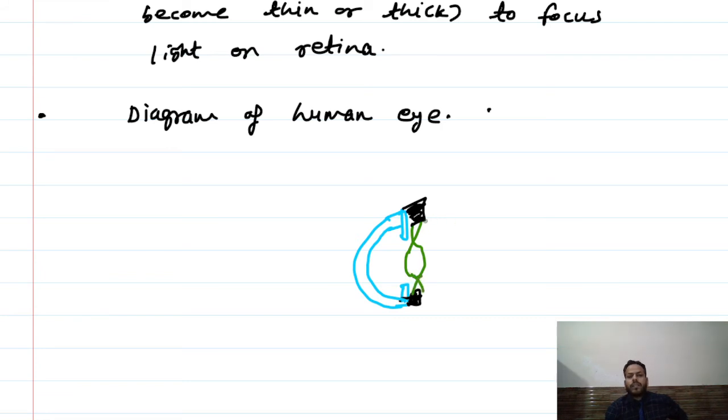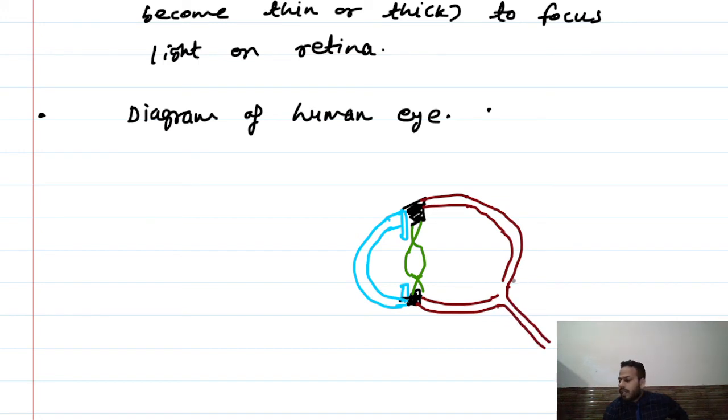Next to this we have the rest of the diagram of our eye, and it is completing one ring like structure. So it is coming here, dark point here, and next it is turning like this, and here we have this structure like this.